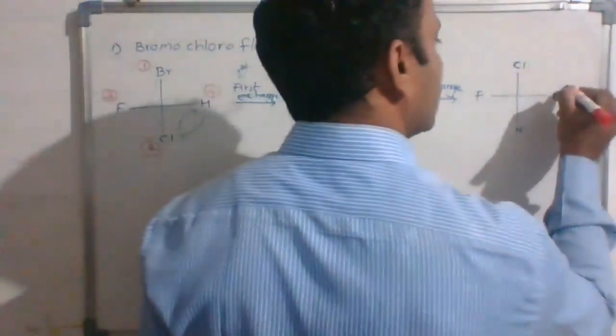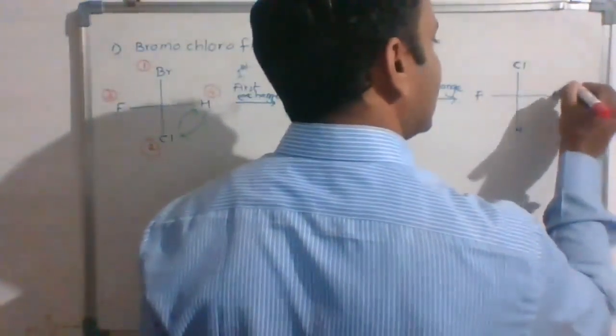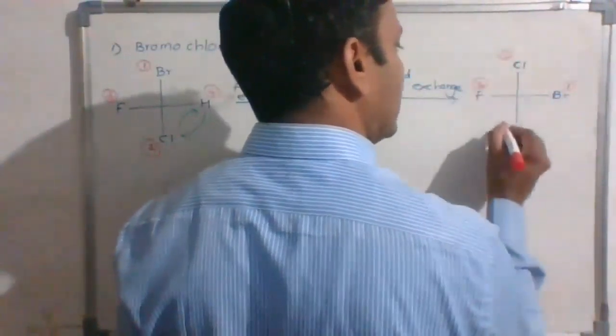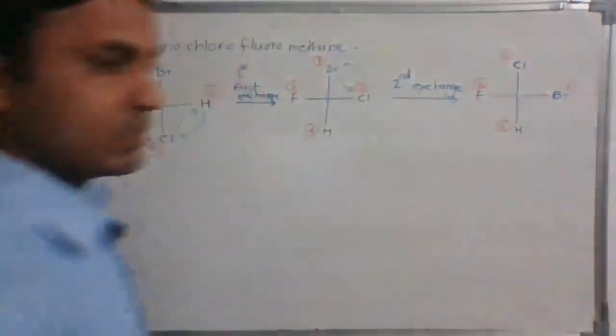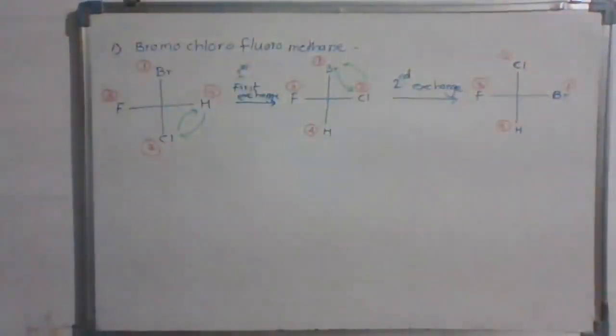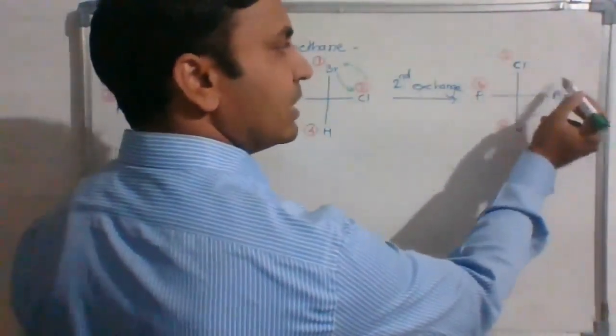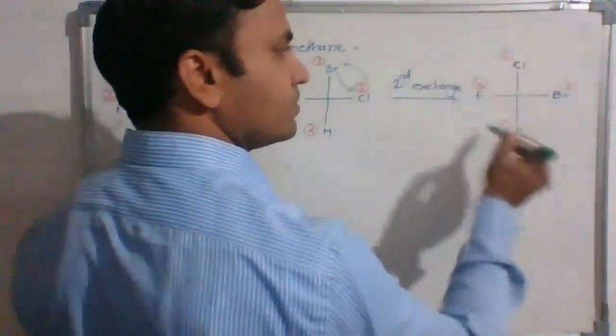Again, show the numbers because they are very necessary. 1, 2, 3 and 4. Okay. Now see, now observe the sequence of the priority groups. See, start from 1, 1, 2, 3, 4.